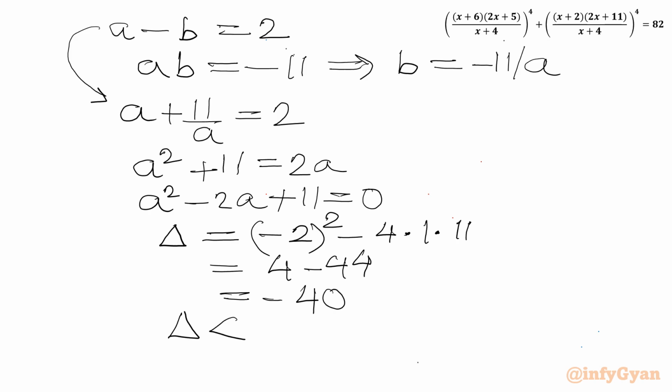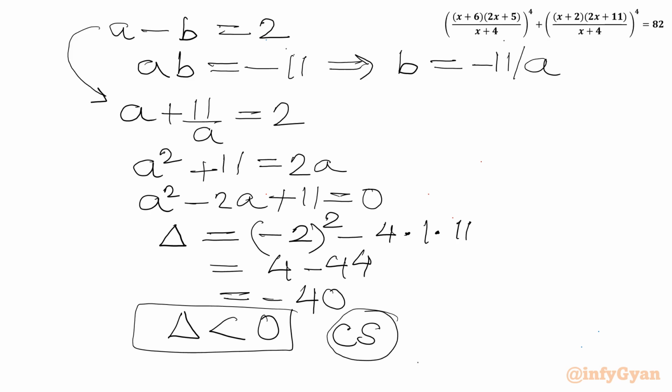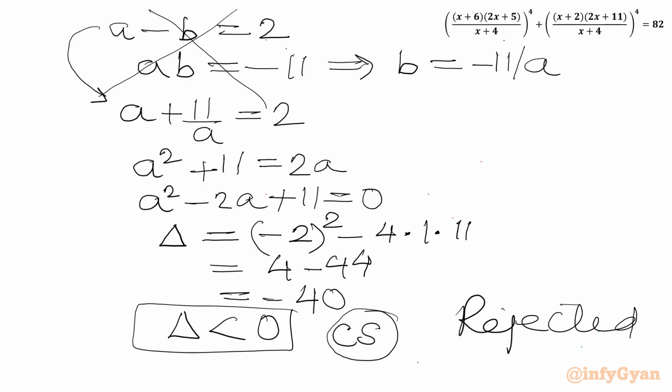As discriminant is coming out negative, it will generate complex solutions. So we can reject this system. Rejected. So far we have only two real values of A. A equal to negative 1 and A equal to 3.